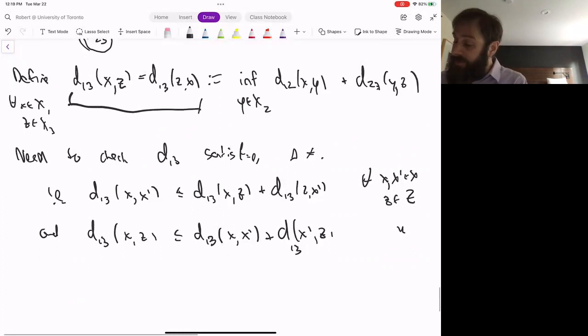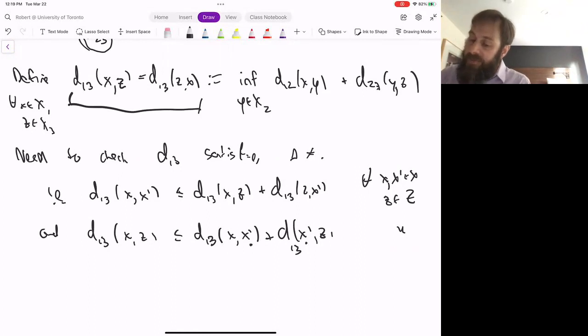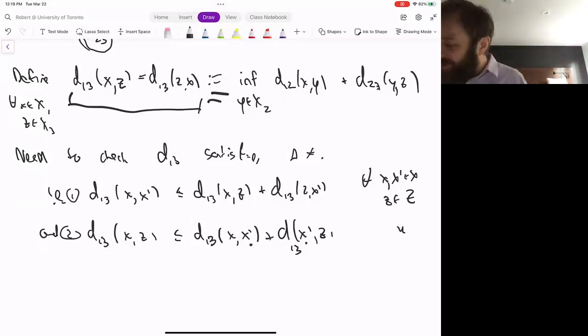If I can do this for midpoints in x, then by symmetry I can do it for midpoints in z as well. These are basically consequences of the definition and the triangle inequality. It's a good exercise to work them out, and I encourage you to. I'm not going to do it here in class.